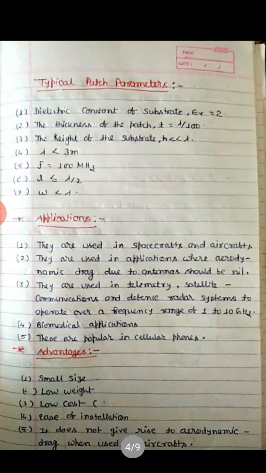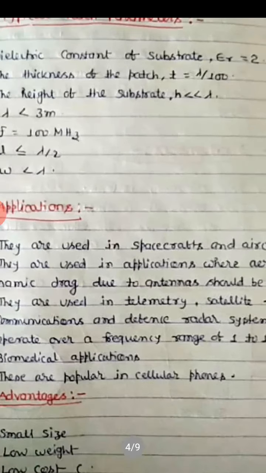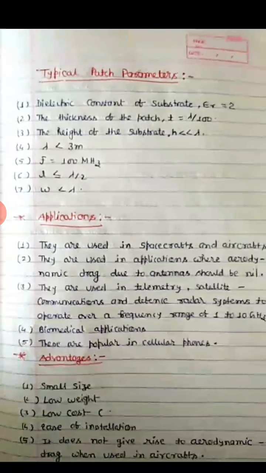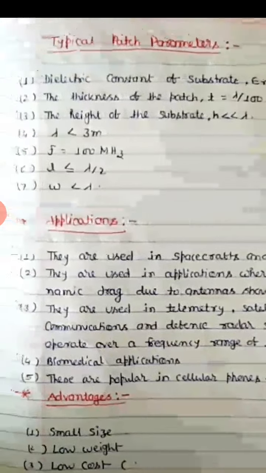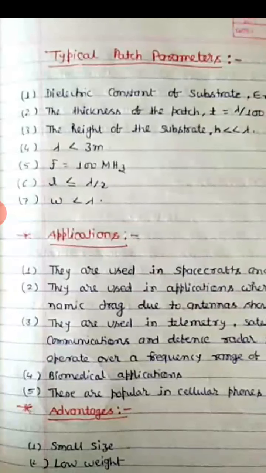Now see some typical patch parameters. The dielectric constant of the substrate, epsilon r, is equal to 2. The thickness of the patch T is lambda by 100. The height of the substrate is less than lambda.